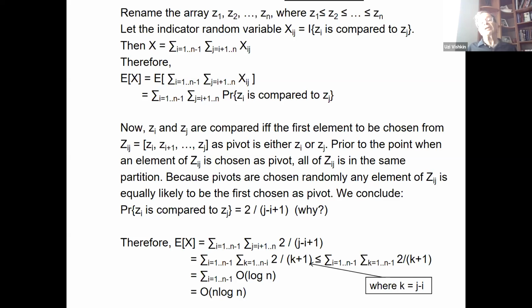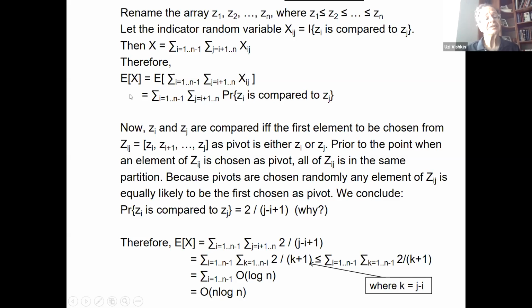And because what determines the complexity of the algorithm is the number of comparisons, which is X, what is X? X is in fact the sum of all pairs of chi ij, because we have a total of n elements. Some will be compared, some will not. The ones that will be compared, each comparison will happen once, it will contribute 1 to its indicator random variable, and the sum in a given run of chi ij will be the X we are looking for.